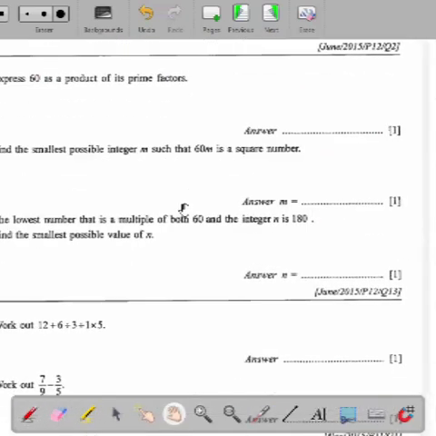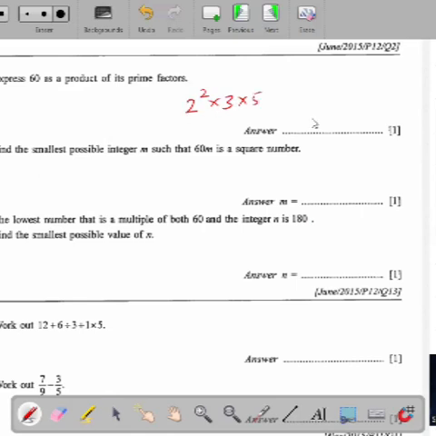Let's go to the next one. Express 60 as a product of prime factors. So 60 is 2 times 30, then 2 times 15, then 3 times 5.